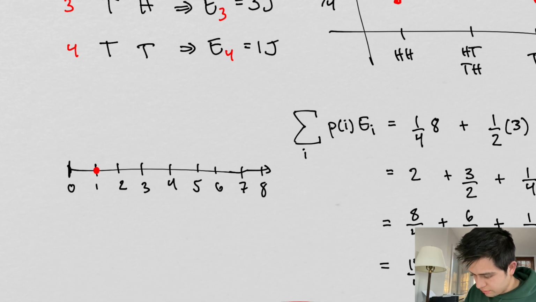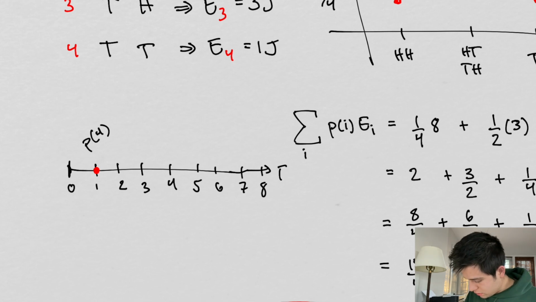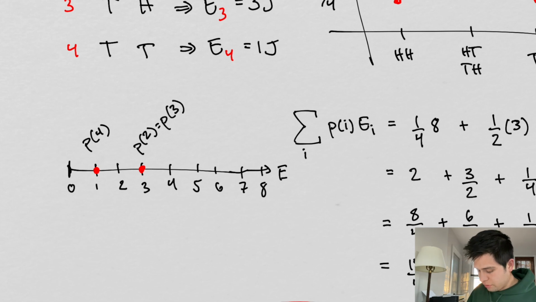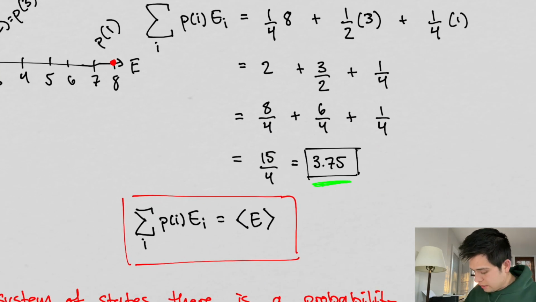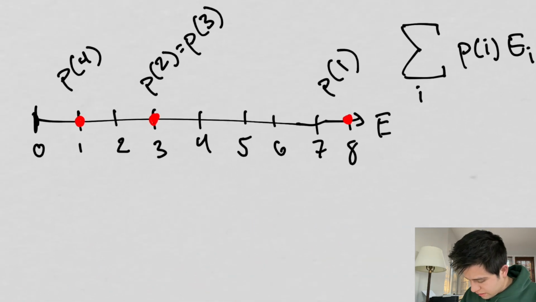This is our state 4, P4. This is an energy axis. And then we have here P2, which is equal to P3, so this is the probability of P2 and P3. And then out here is the probability of state 1. What we just calculated right here is 3.75. Where's that? That's about right here. That represents the average energy of the system.